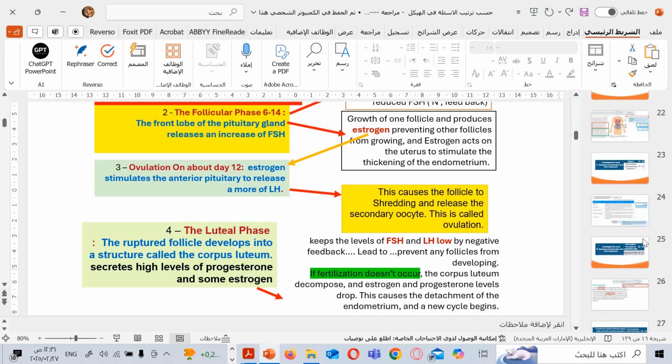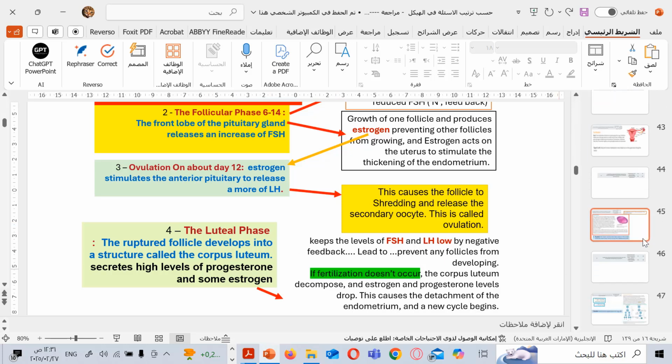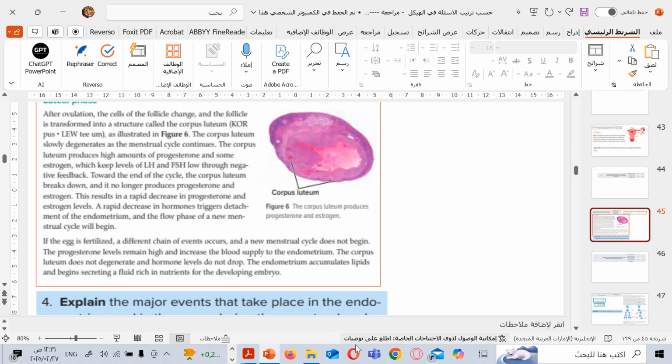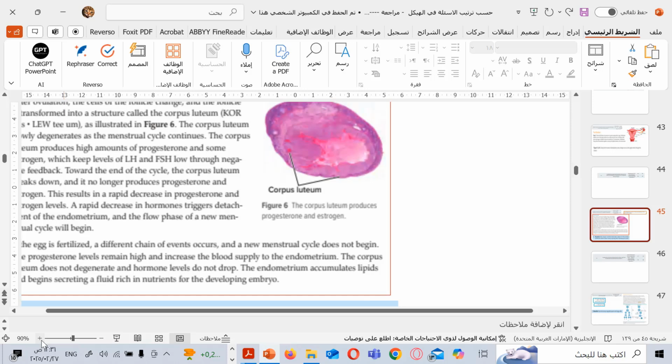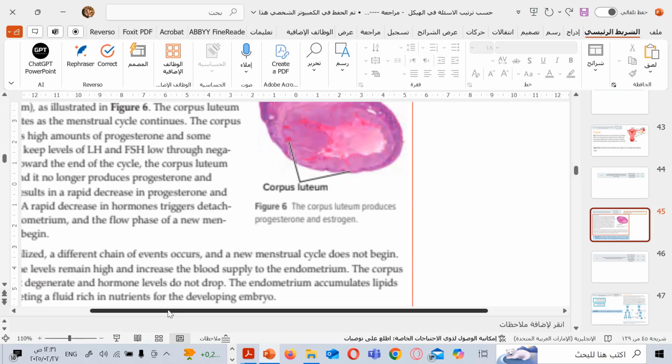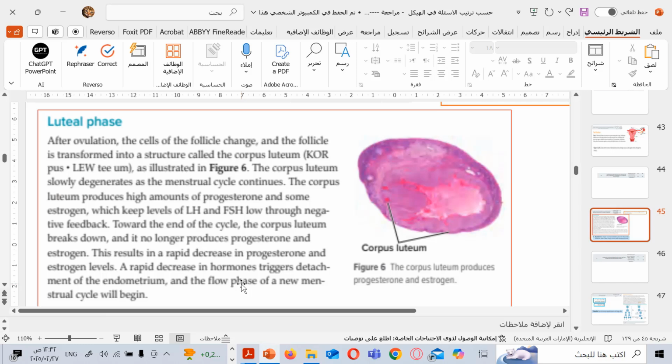Okay, let us see the paragraph he gave us. What does he say? After ovulation, the cells of the follicle change, and the follicle is transformed into a structure called the corpus luteum, as illustrated in the figure. The corpus luteum slowly degenerates as the menstrual cycle continues.